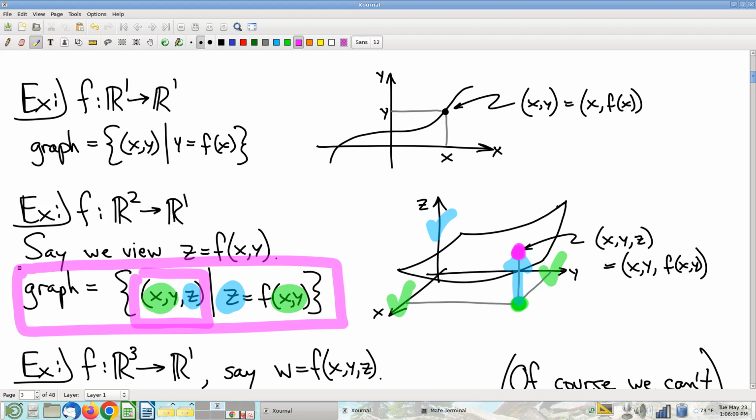So looking at the picture, it's like we're going to take every point in the xy plane and push up by whatever amount the formula tells us to push up. And the result is going to create a surface. So the graph of a function from R2 to R1 is a surface in space.